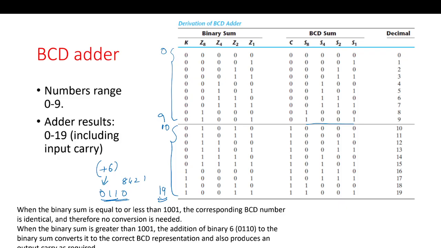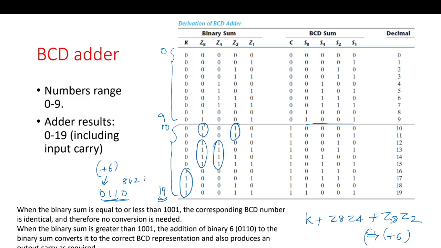So for this, either this bit, K, should be 1, or, if we take this bit completely, we have some more combinations. If Z8 and Z4 are both 1, or Z8 and Z2 are both 1, we have covered all the cases. Then only we should perform plus 6.